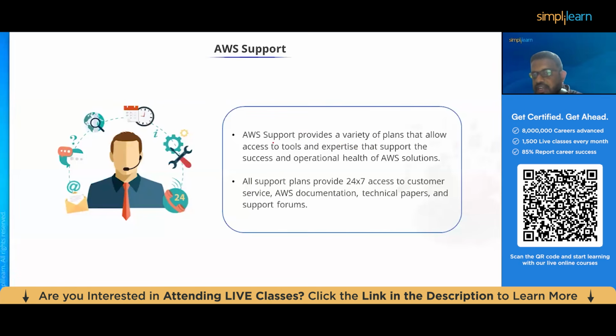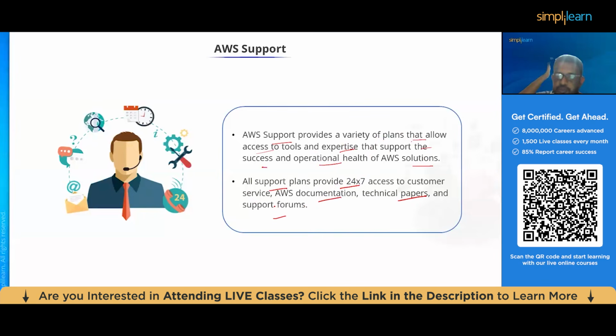Here you can see AWS Support provides a variety of plans that allow access to tools and expertise that support the success and operational health of your AWS solutions. All support plans provide 24/7 access to customer service, AWS documentation, technical papers, and support forums.